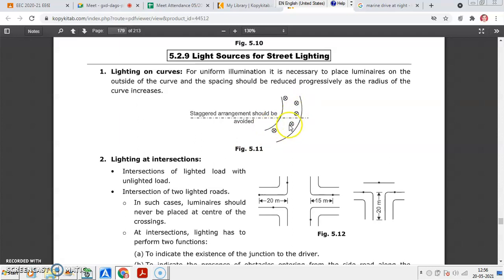Here you cannot go exactly for the spacing as per the standard. You have to increase the number of lamps. The arrangement is staggered. One side you are having 3 lamps, the other 2 lamps. So you have increased the number of lamps here. So that you should consider. And again, as per the design, you have to measure the actual illuminance at that particular place. And if it is less, then you have to increase the number of lights. Okay.